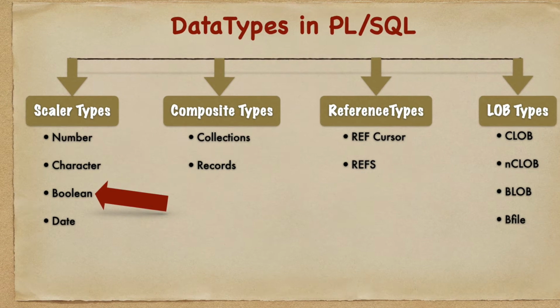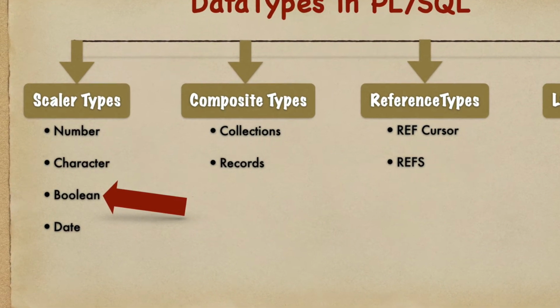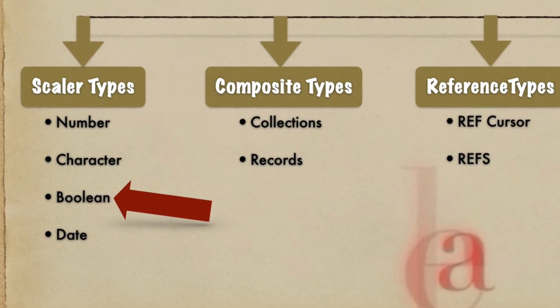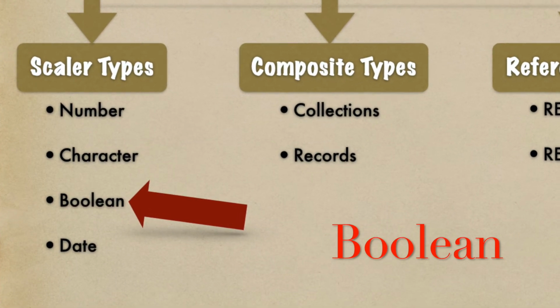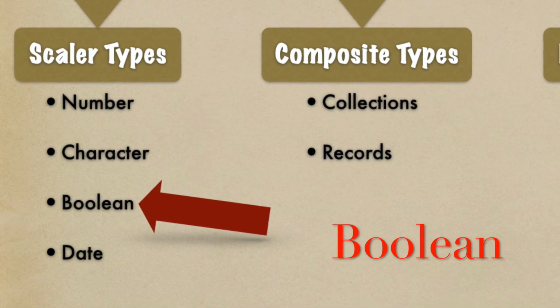In today's video, we are going to discuss another scalar data type, that is called Boolean. A Boolean is a logical data type. The Boolean data type enables you to represent logical values.